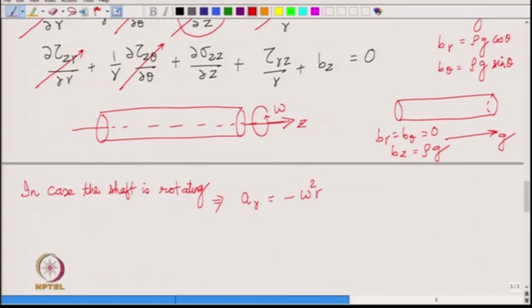So, we only have acceleration in the radial direction, and a_theta is then 0 and a_z is also equal to 0, but the body force is not there if you neglect gravity.